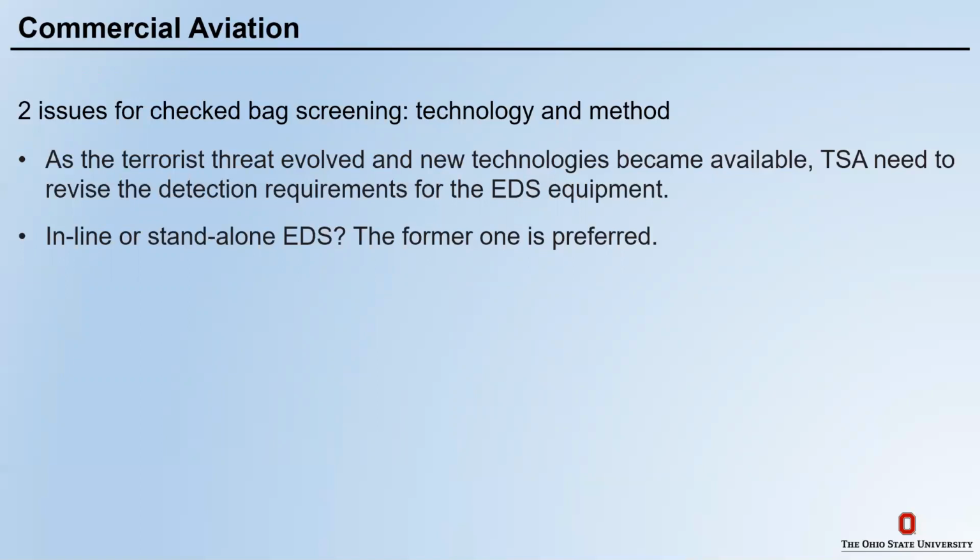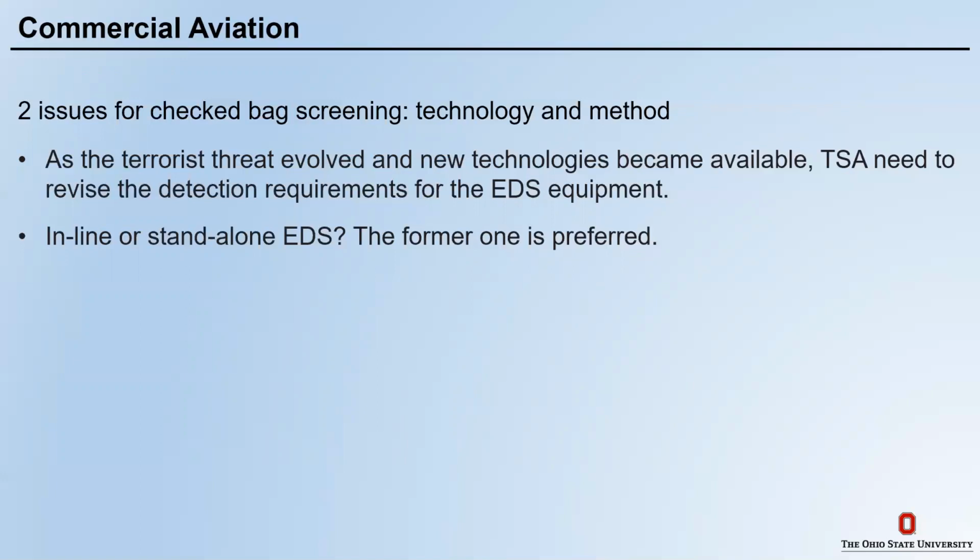But the problem is that at the very beginning, when you try to make this inline EDS system, it's very expensive, and you may have to redesign your airport to adapt to it.